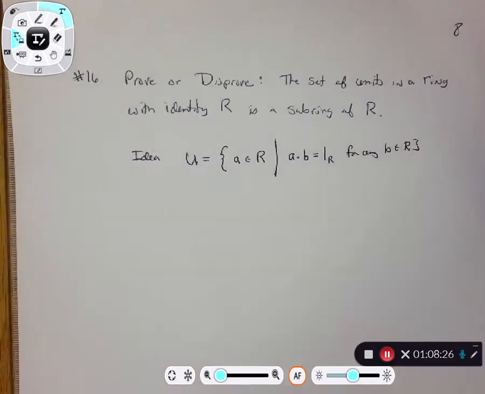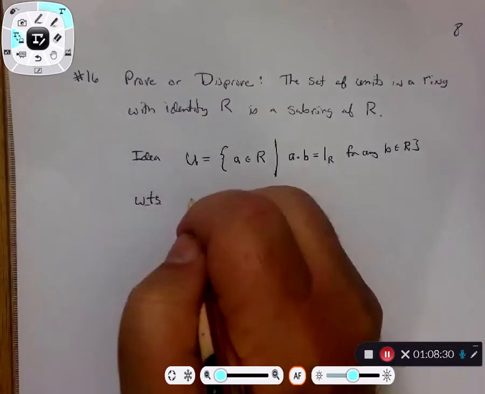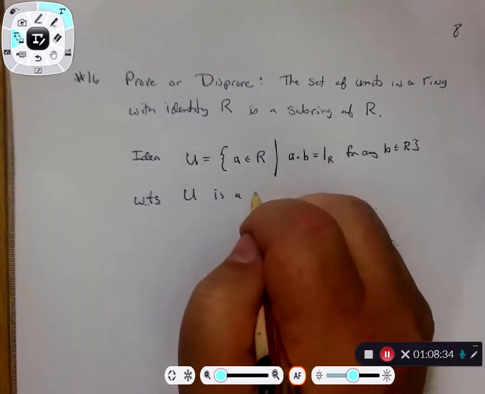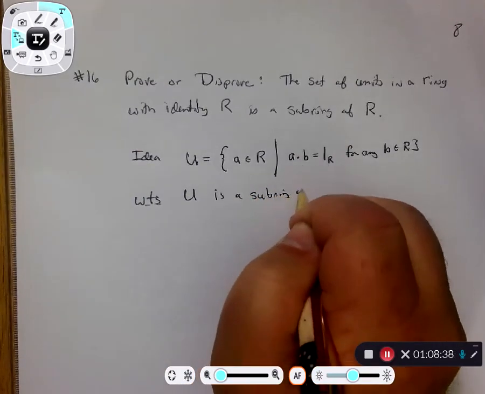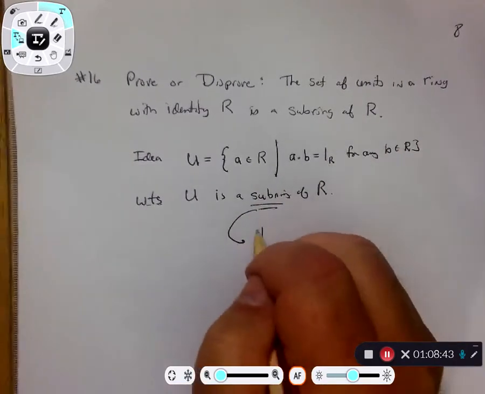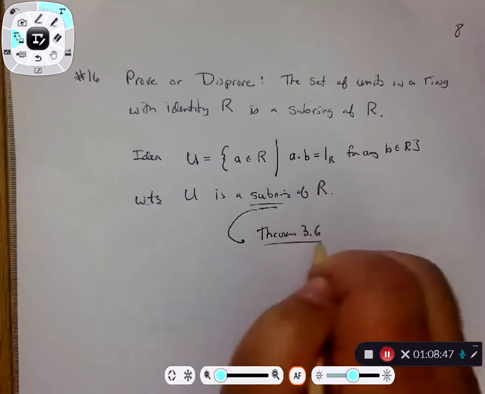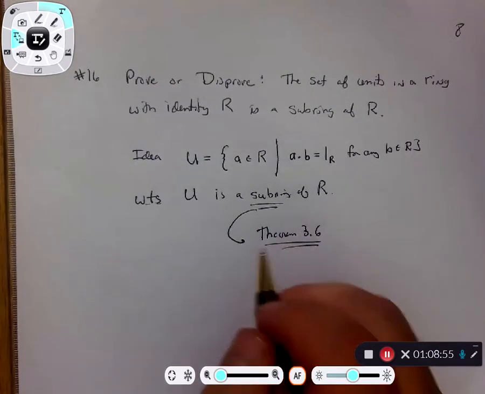We want to show that U is a subring of R. But to be able to prove a subring, remember, you're going to quote Theorem 3.6. What is Theorem 3.6? Drum it into your head one more time. Theorem 3.6 is 3 things.